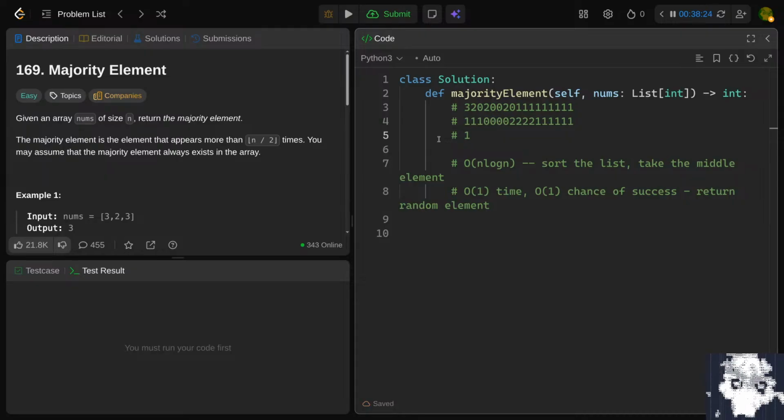So you'd have to have like 1 0 0 2 2 2 3 3. So now the 1 is evicted. Then you go 1 0 0 2 2 3 3. Now the 1 is evicted again. But you can't keep that up and still be the majority element.